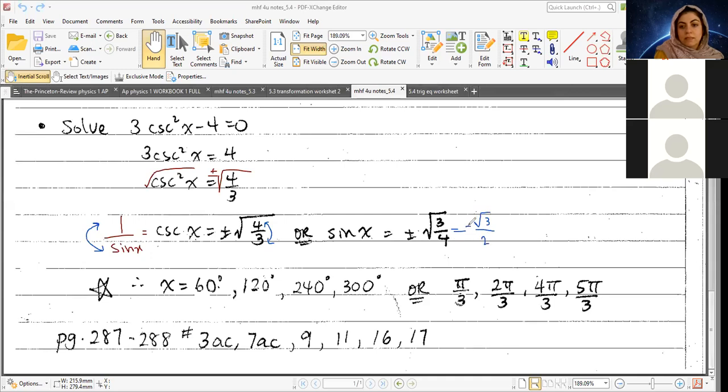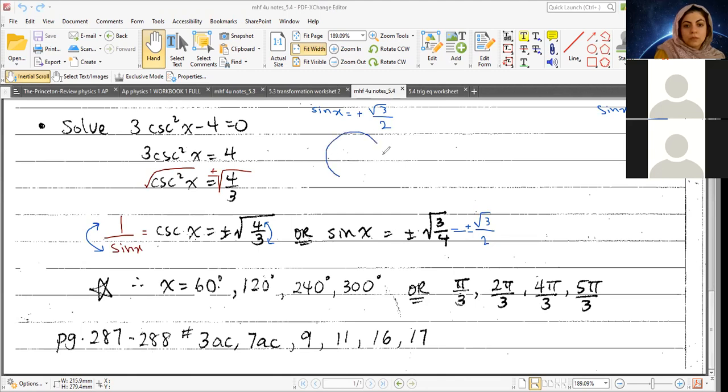It's plus minus. Again, we have two equations. One, when sine x equal to plus square root of 3 over 2. And another, when sine x equal to negative square root of 3 over 2.